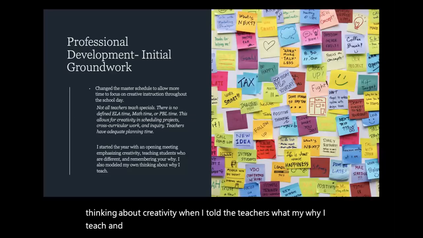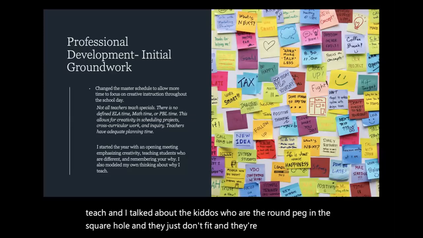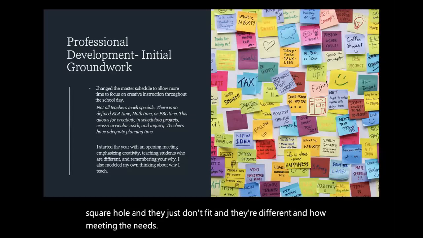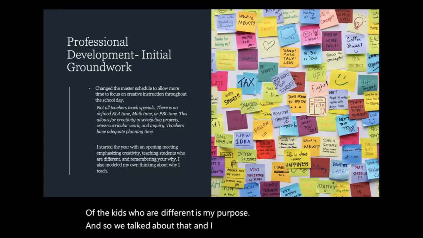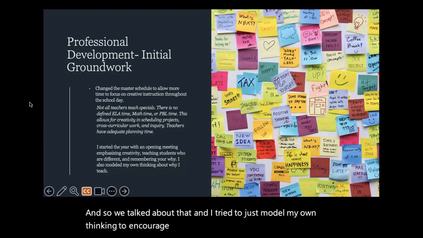And I talked about the kiddos who are the round peg in the square hole and they just don't fit and they're different, and how meeting the needs of the kids who are different is my purpose. And so we talked about that, and I tried to just model my own thinking to encourage that culture of creativity that I'm trying to build.